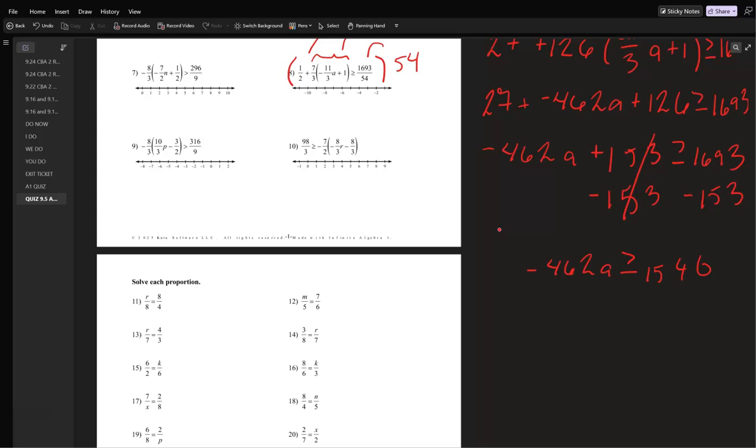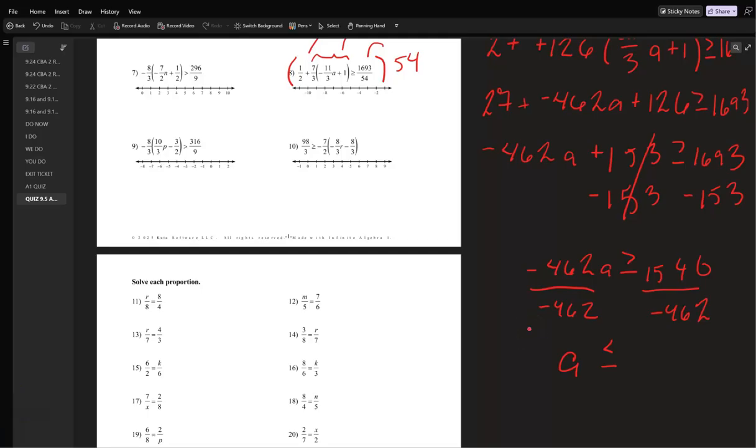And everybody knows what to do here, which is divide by negative 462. And this is a good example once again, just because dividing by negative or multiplying by negative means I get a sign switch.